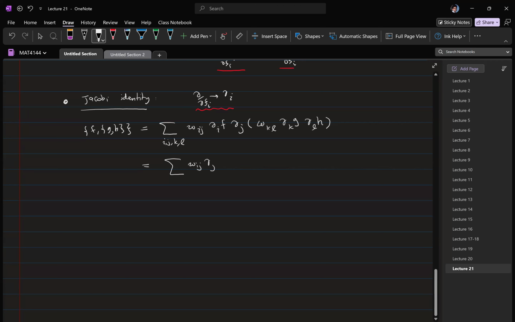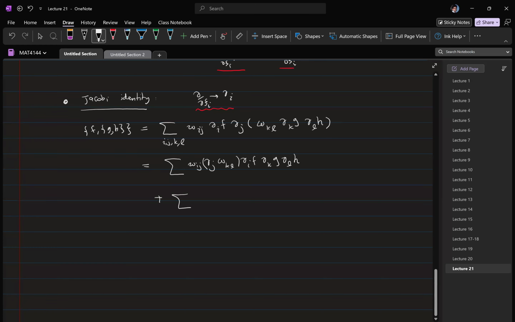So I get this partial J, WKL, and then I end up with this DKG. Well, I mean, there's a DIF. Maybe I keep it. DIF, DKG, DLH. Okay, so this is how it is.